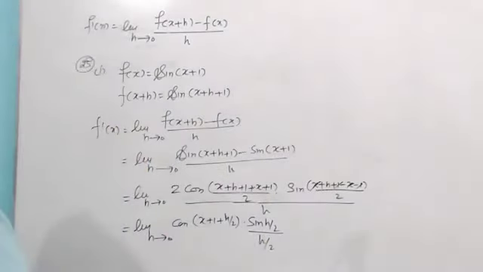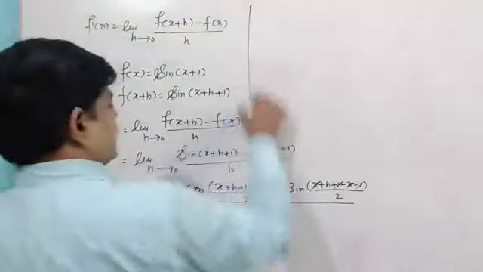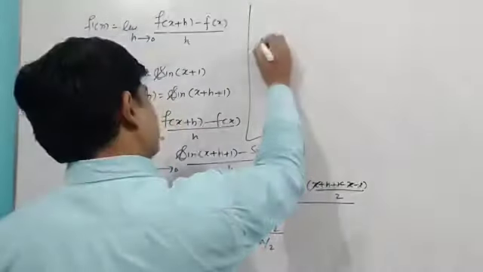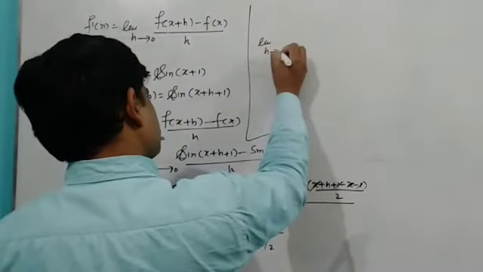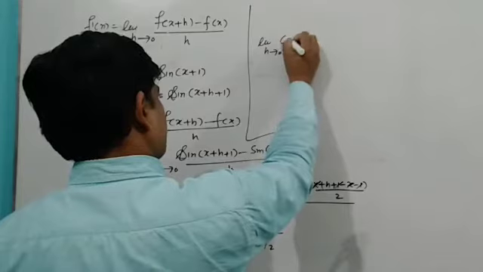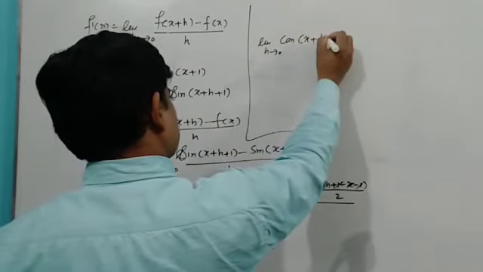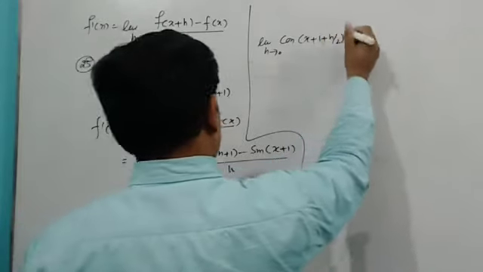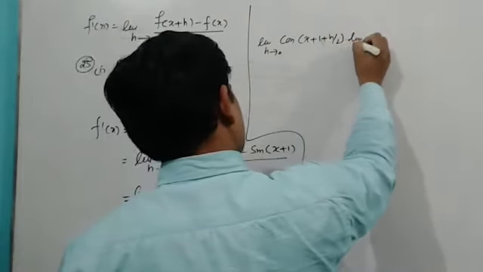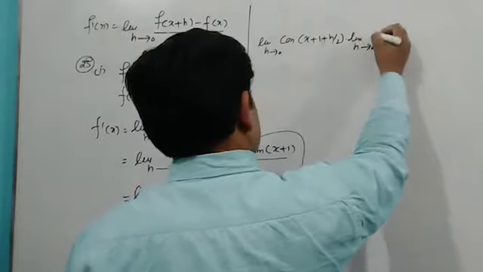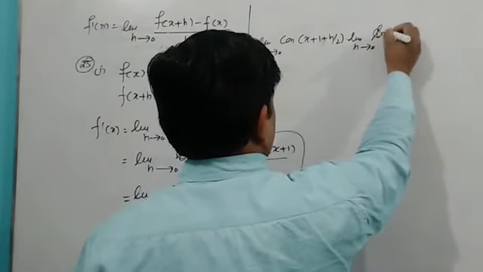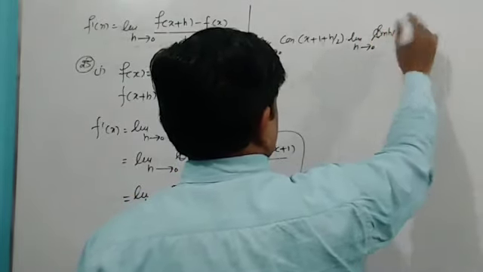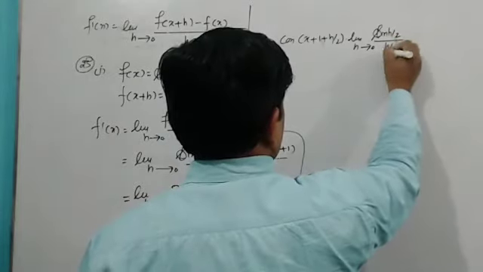Actually the purpose is like that I can write it as limit h tends to 0 cos of (x plus 1 plus h upon 2) into limit h tends to 0 sine(h upon 2) upon (h upon 2).